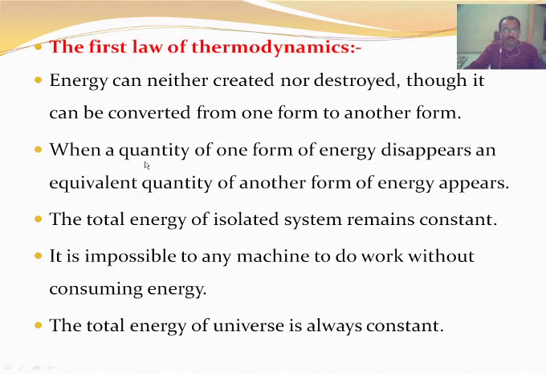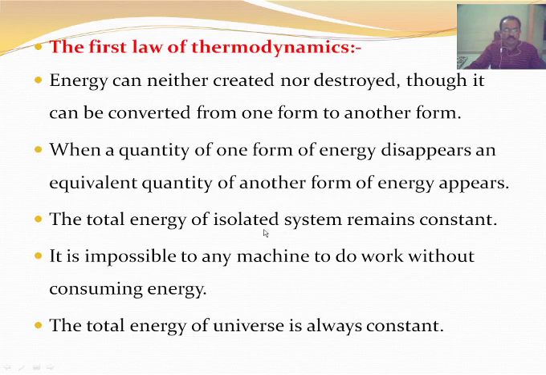In this way, there are 5 different statements of the first law of thermodynamics. First, the energy can neither be created nor destroyed, though it can be converted from one form to another form. Second, when a quantity of one form of energy disappears, an equivalent quantity of another form of energy appears.